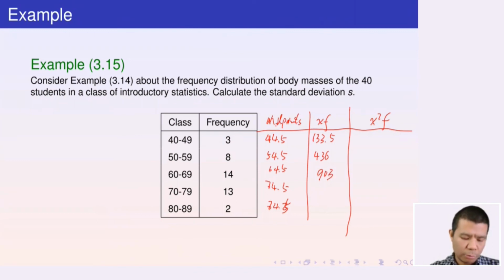And 74.5 times 13 is 968.5, and finally 84.5 times 2 is 169.